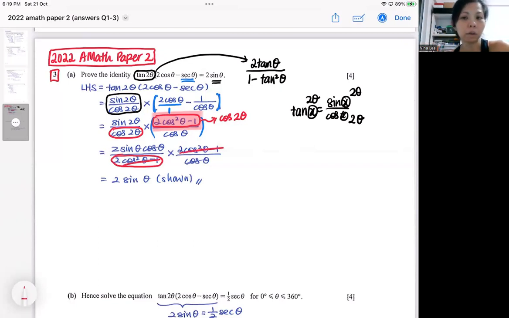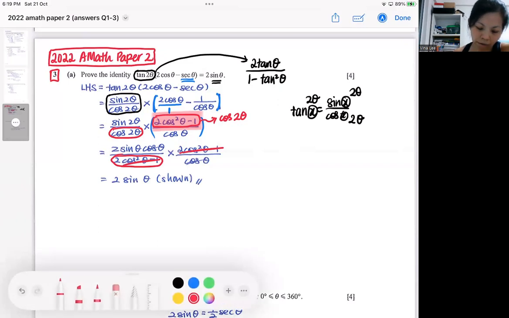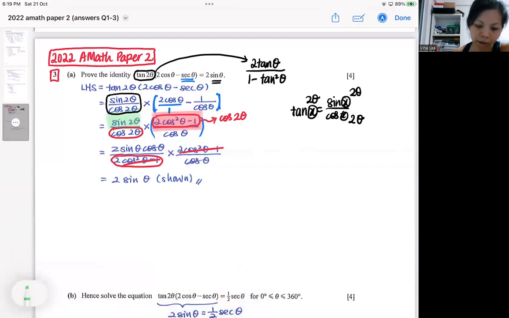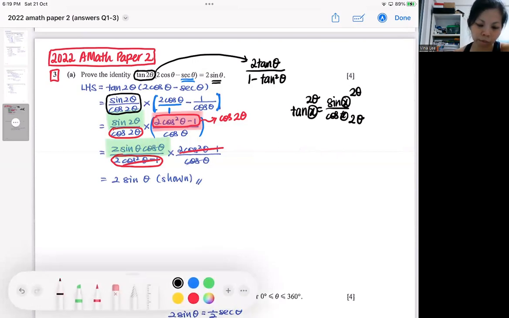So it doesn't matter which one you change to, as long as you can recognize that they actually belong to cosine 2 theta. And because for the sine 2 theta, there's no discrepancy like which formula to use. There's only one formula for sine 2 theta. So you just replace with the sine 2 theta, and it allows for the cancellation that gets you to the proof.